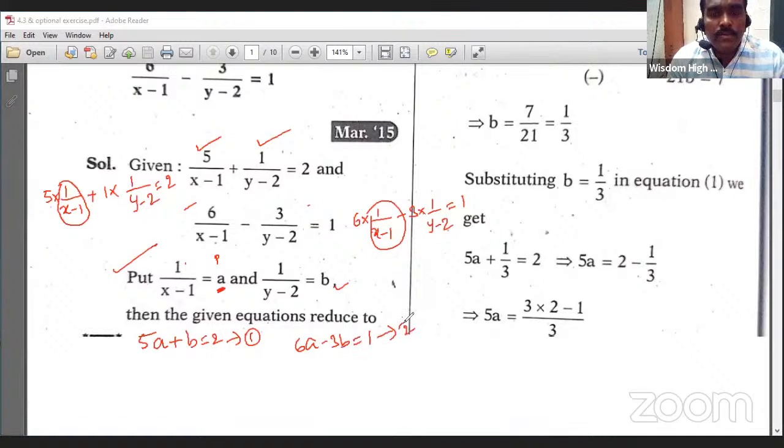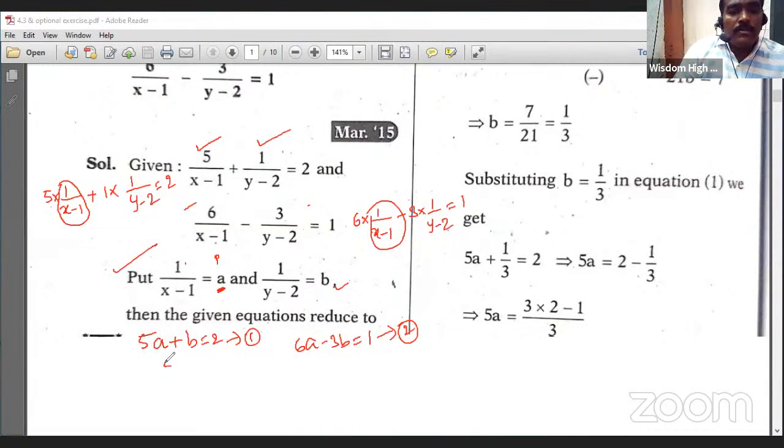It is equation 2. Now you have to use any one of the methods, that may be elimination or substitution method. We know the elimination method. Here you have to eliminate. If you want to eliminate a, you have to observe the coefficients of a.